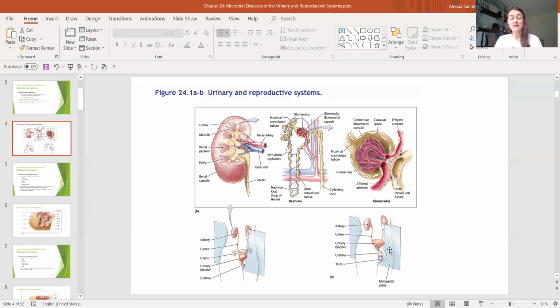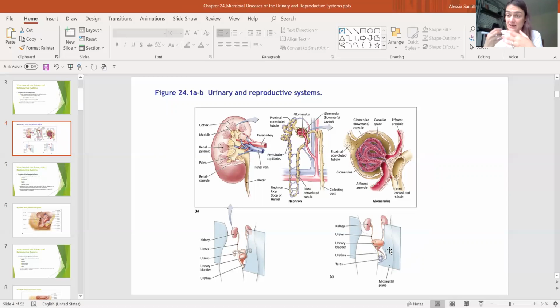The urethra, and this is a really important point, in females is a lot shorter than the urethra in males. This is important to think about, because since the urethra has access to the outside, it's going to have a presence of bacteria, and it's very vulnerable to bacterial presence.